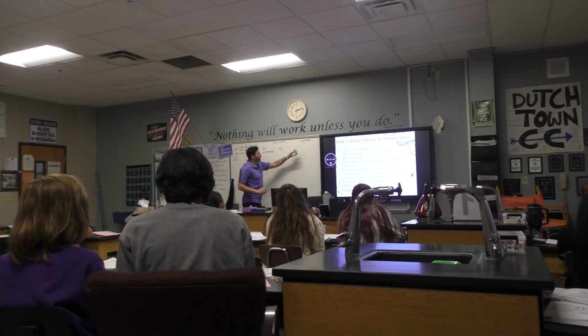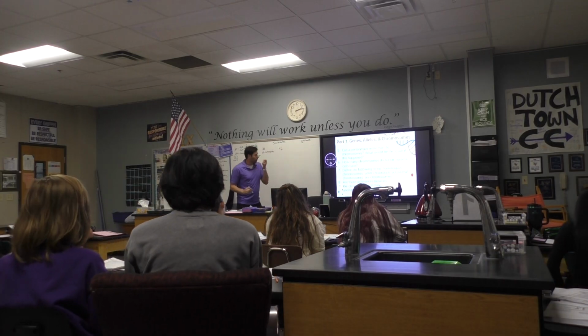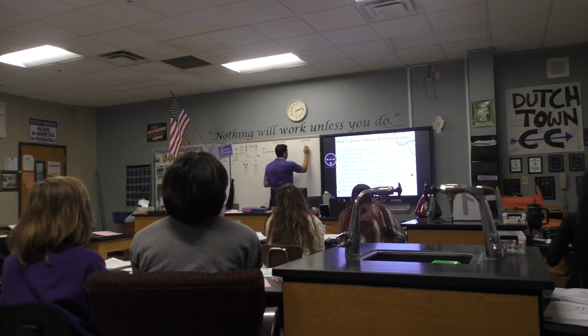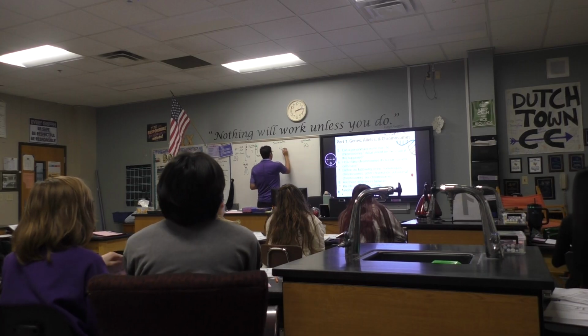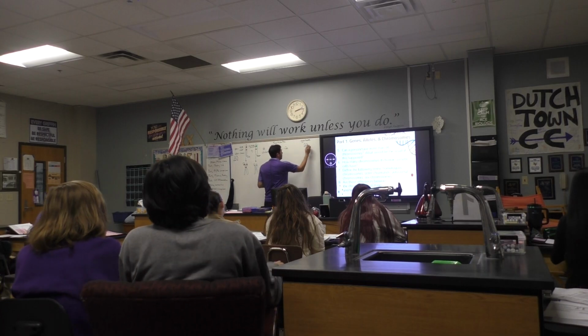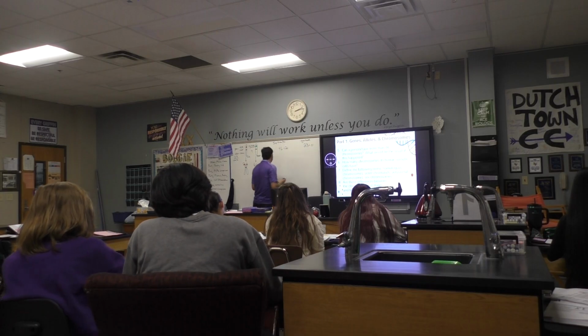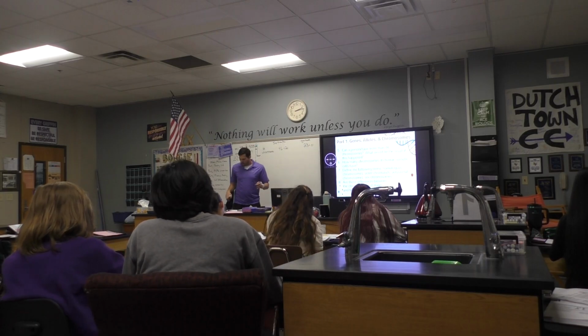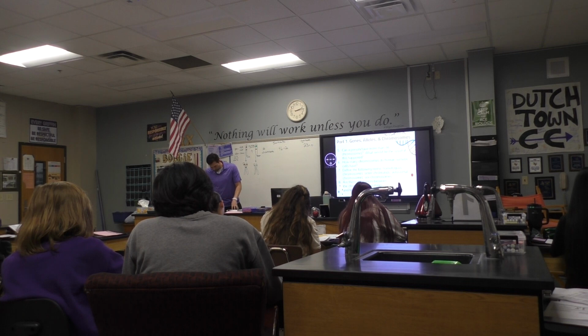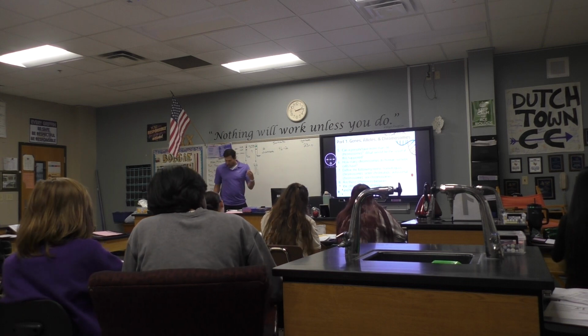What is the number for a gamete? 23. It is half the number. So remember, 46 is equal to 2n. Gametes are equal to 1n. Once again, we're modeling this, counting the chromosomes in a somatic cell and a gamete.